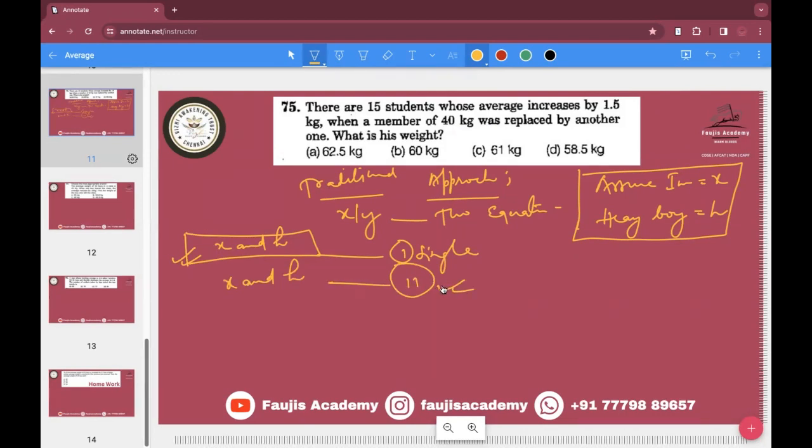How will we find these two equations? Think through it, or I will think through it and let you know. Does that make any sense, Tarun?